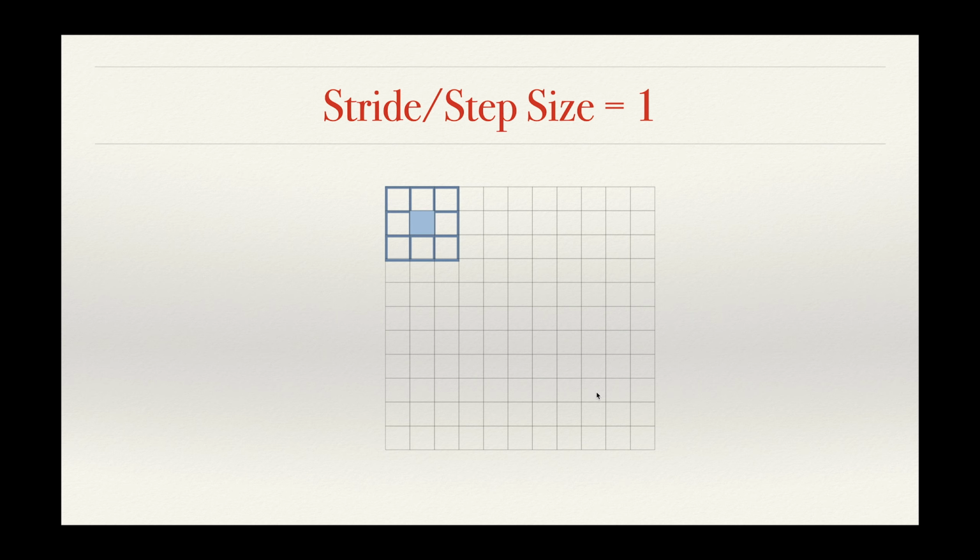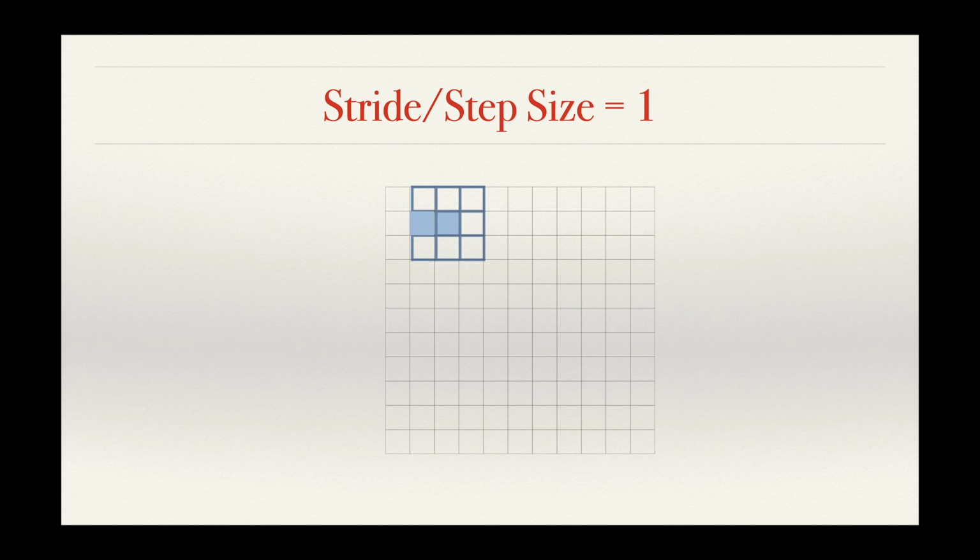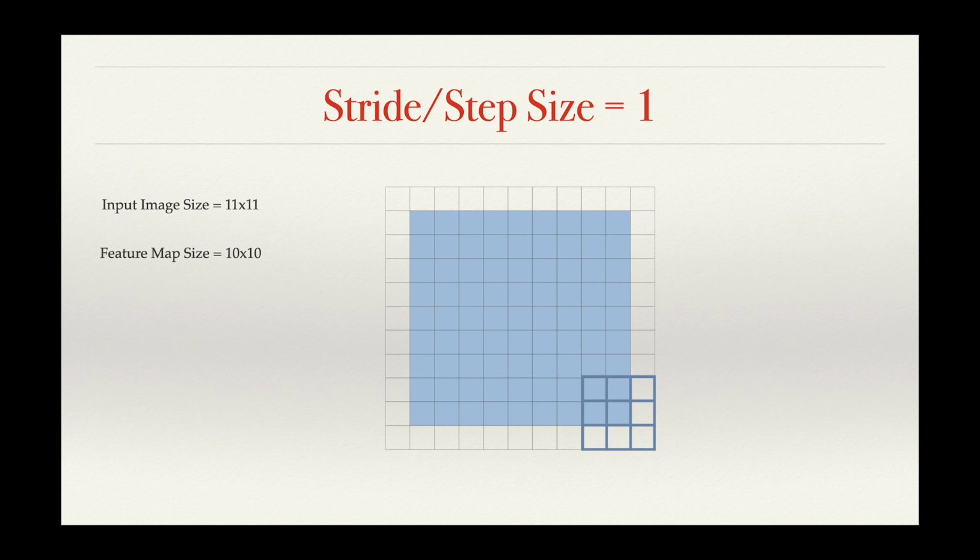We started here and we ended here, so the feature map size is 10 by 10. This is not a problem in the end, because we actually need to reduce the size of images. So starting from 11 by 11, we ended up with 10 by 10.